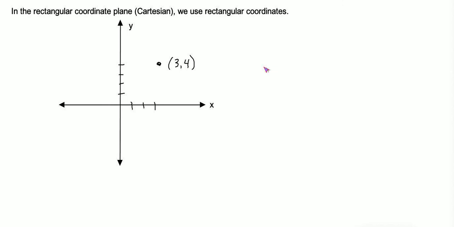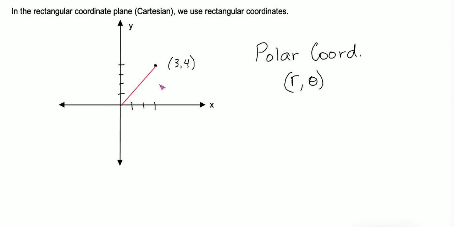Now, what if we wanted to know what the polar coordinates were? Polar coordinates, like I said, are given in the form r, theta. So we want to know how far we went. This would represent how far we went. And we also want to know at what angle we went in that direction.